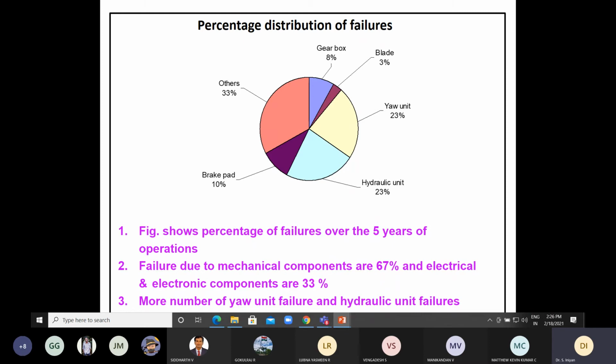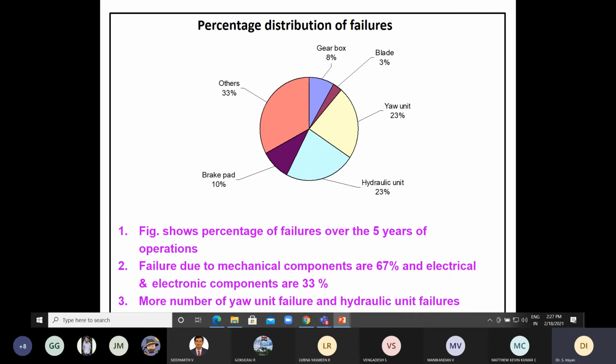It may be asked later in assessments or end semester examinations. The questions may arise: what is the failure due to the mechanical components and the electrical and electronic components? How much percent failure will occur due to the mechanical and electrical, right? It may be asked, so you just note it down.